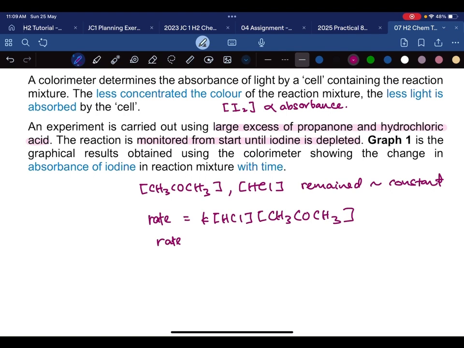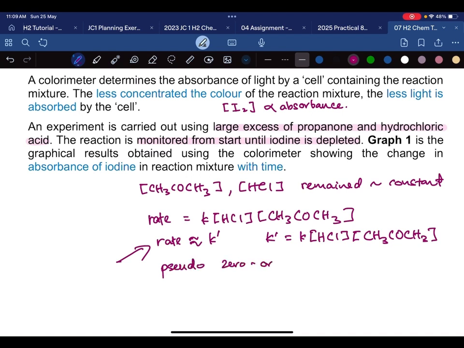I can simplify my rate to be approximately equal to k prime, where k prime is simply my k times the concentration of HCl and my propanone. Okay, this will be an approximately constant value. So what is this simplified rate equation? It's going to show a pseudo zero order reaction with respect to the iodine.